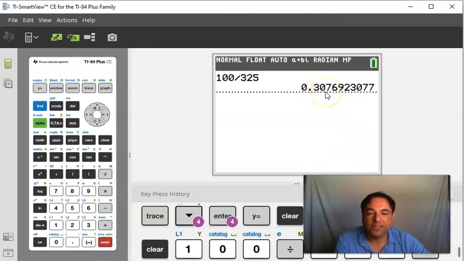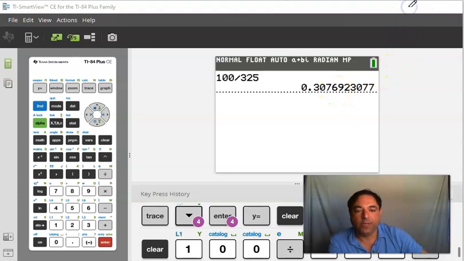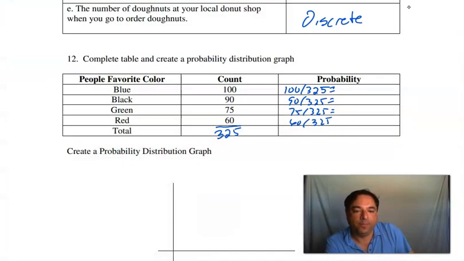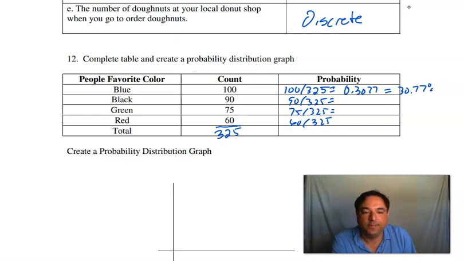Actually, let's go 4 decimal places to practice that. So it would be 3076, and then the 9 makes the 6 go up to 7. So that would be 0.3077. And then to go to a percent, we move it over 2, so that would be 30.77%.